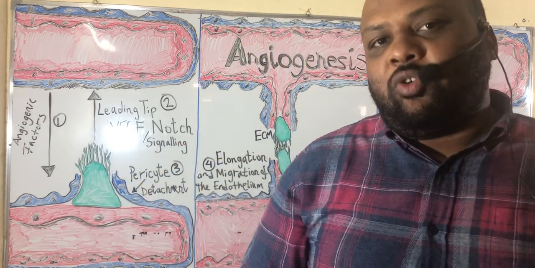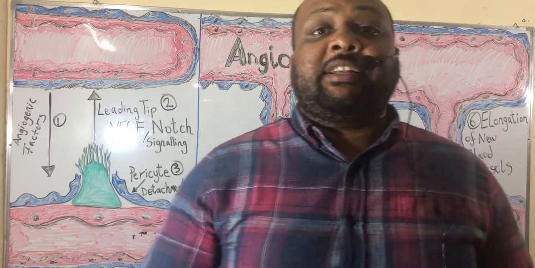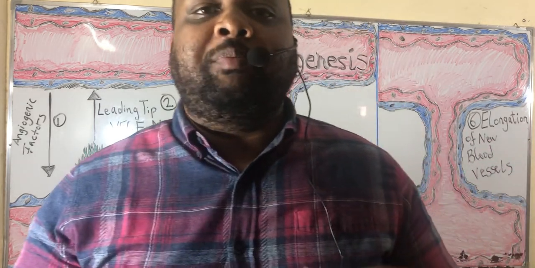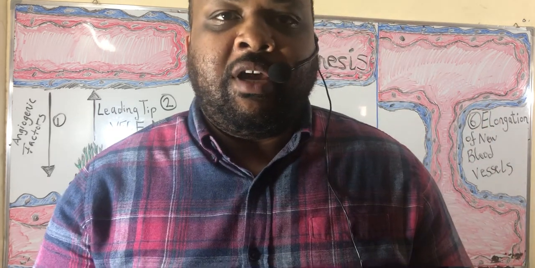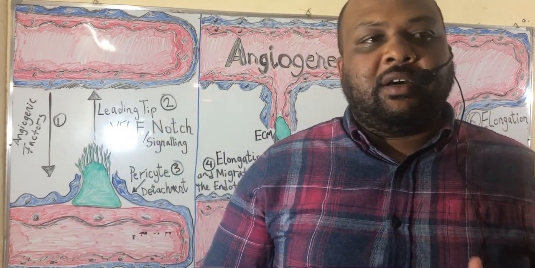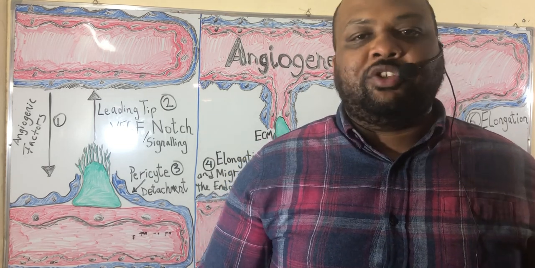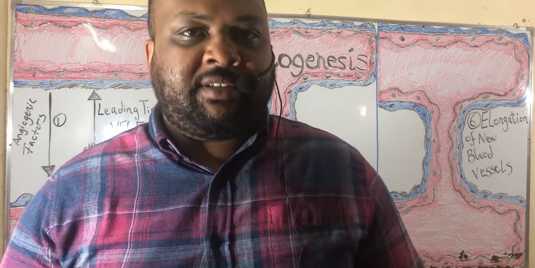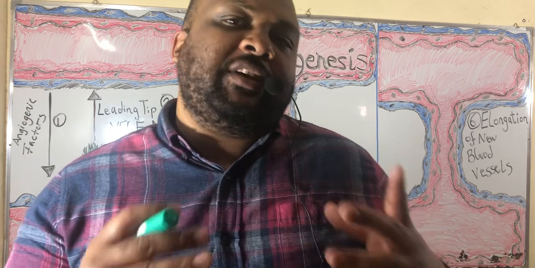So let's talk about angiogenesis. What is angiogenesis? Angiogenesis is the sprouting, formation, and development of blood vessels from blood vessels. So we're not in embryology, where blood vessels come from some crest, but here we have to have a blood vessel.